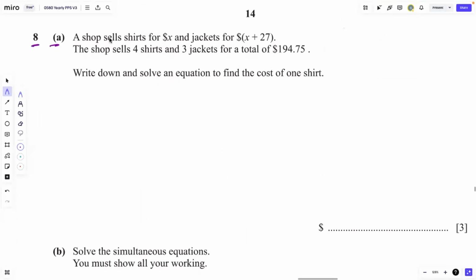Question 8, part A. A shop sells shirts for x dollars. So selling price is actually x for shirts. And for jackets, the selling price is x plus 27.